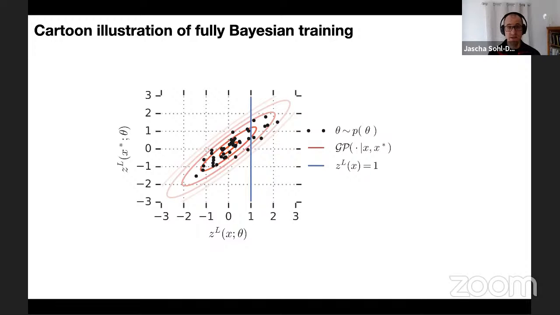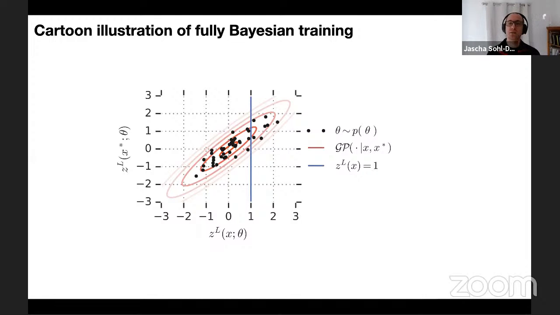This is equivalent to slicing this joint distribution over train and test outputs along this blue Z equals 1 line, so along the training label. However, because we have 2 equivalent ways of writing this joint distribution, which is either like drawing parameters randomly from the prior over and over again, or writing down the analytic form for the GP.